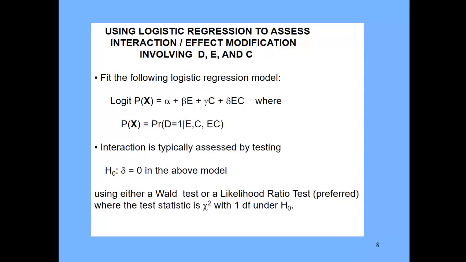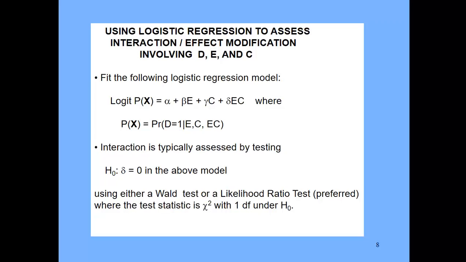What did I do here? I now have a model with E, C, and E times C, right? What would I do with this model? Now I'm looking at just this one C, and I've got 50 of them. I want to see if C on its own is an effect modifier.